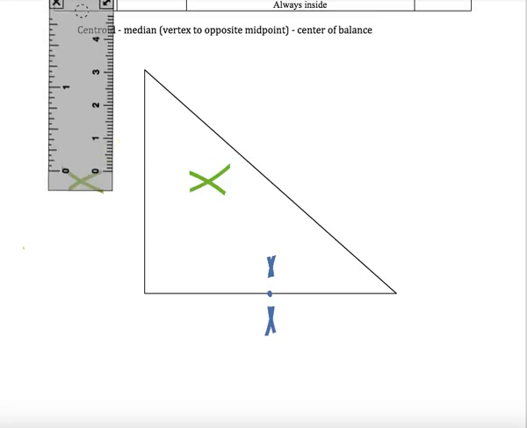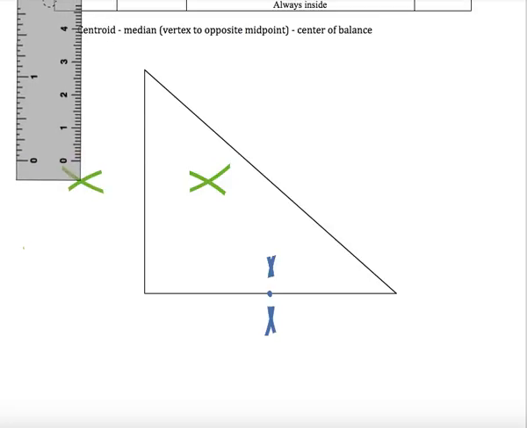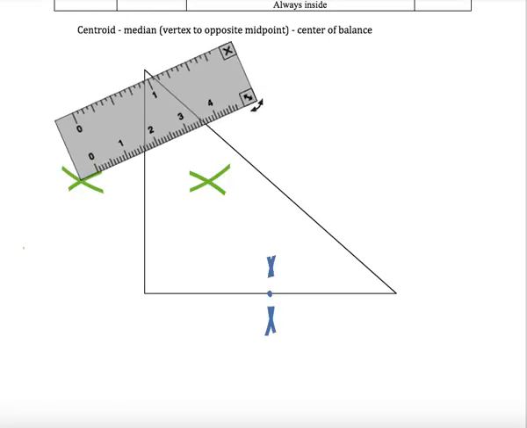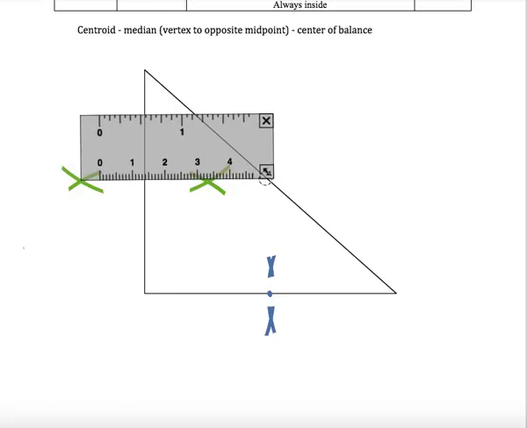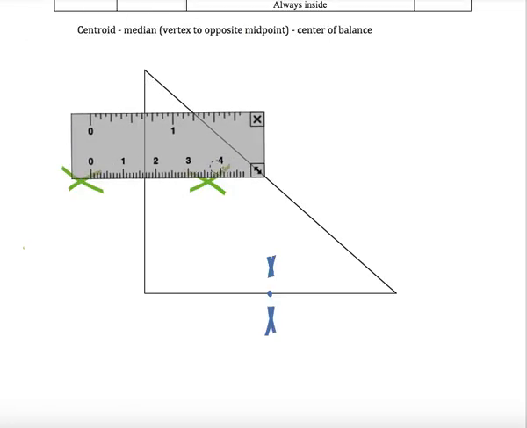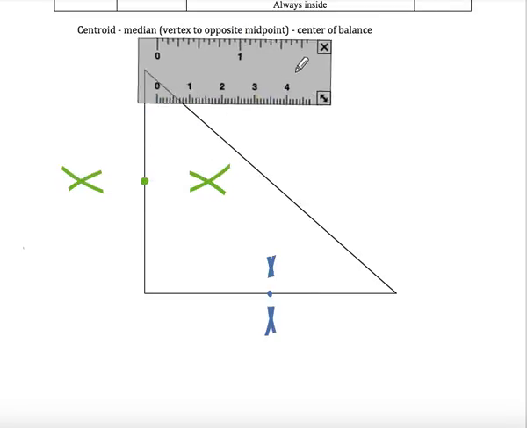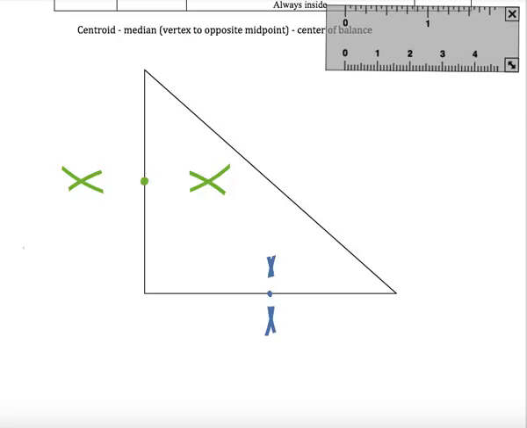So to find the midpoint, I line up my straight edge with the intersection of those two arcs, and I'm going to mark the point where it intersects that side. All right, so there's my midpoint of that side. So let's find the midpoint of our last side.